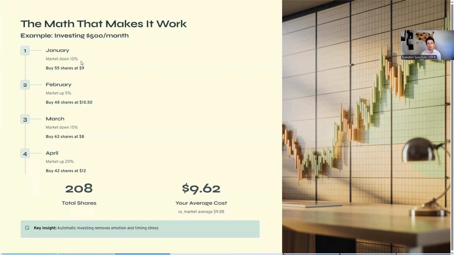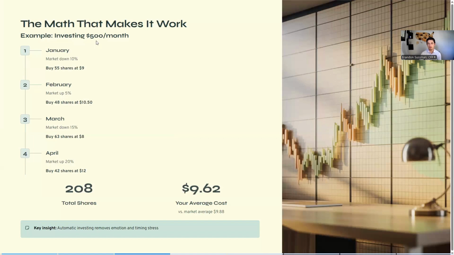Let's say in January, the market is down 10%. Your $500 is able to buy 55 shares because the price of each share right now is $9. So 500 divided by 9 is going to get you 55 shares. Then let's say in February, your investment strategy goes up 5%. Now your investments are worth $10.50, the new price per share.